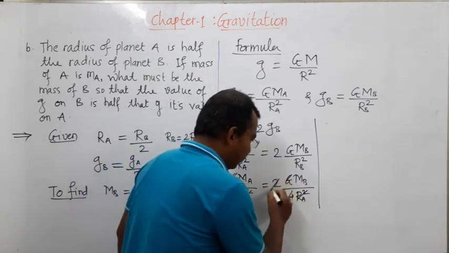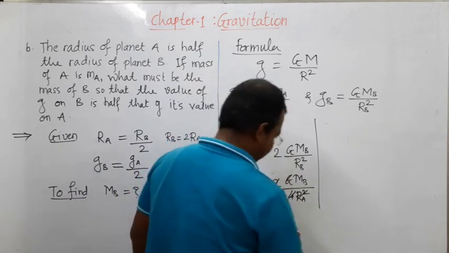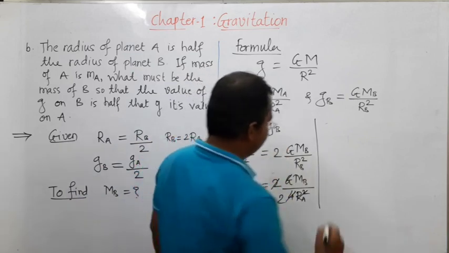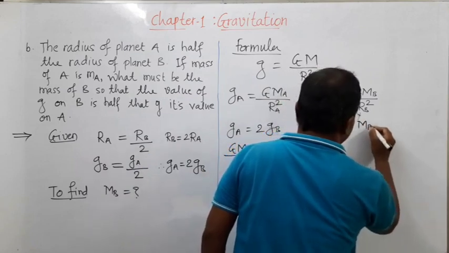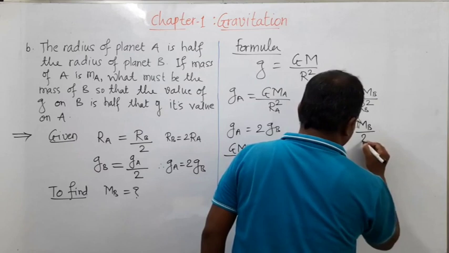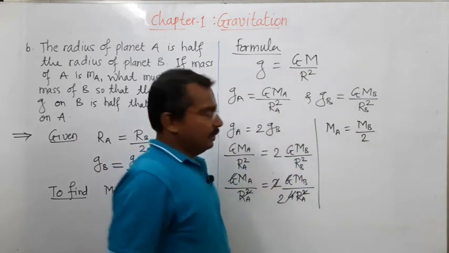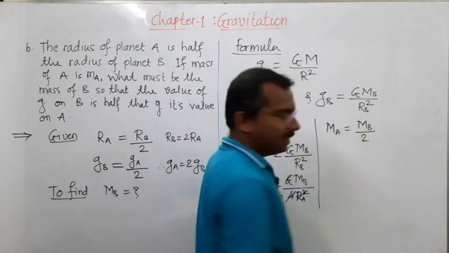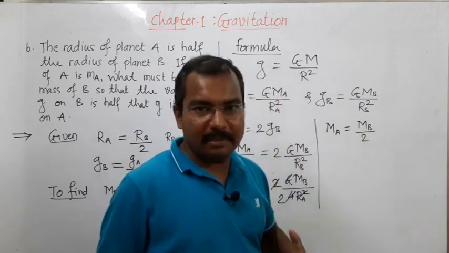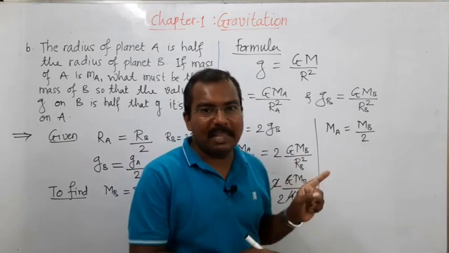So this will be 2 to the 4, so 1/2. This will be like this. MA will equal to MB upon 2, correct? So I want to calculate the mass of planet B in comparison with mass of planet A.